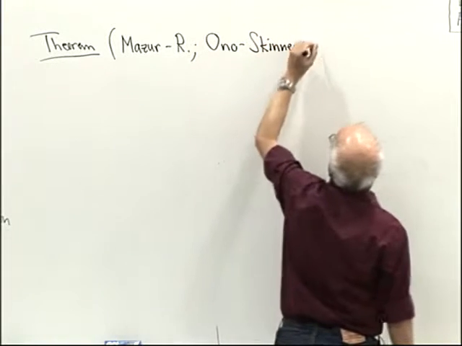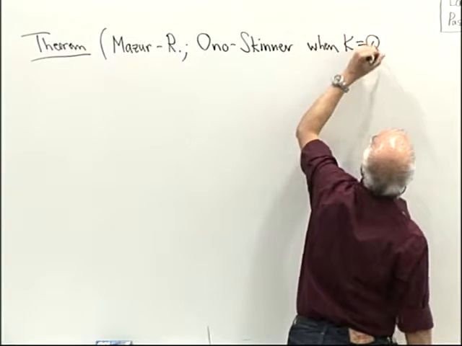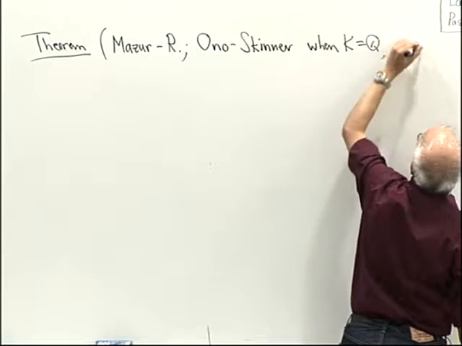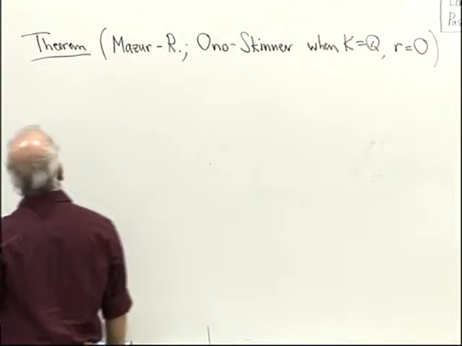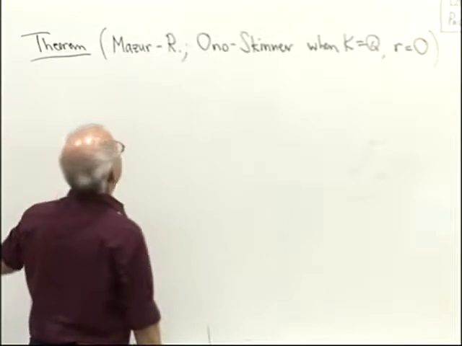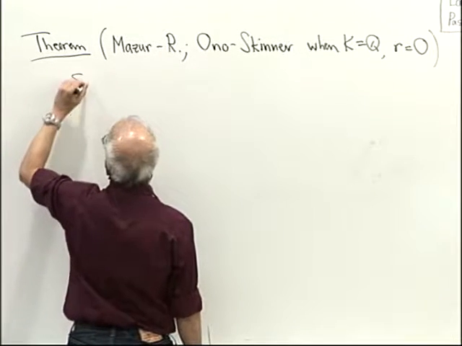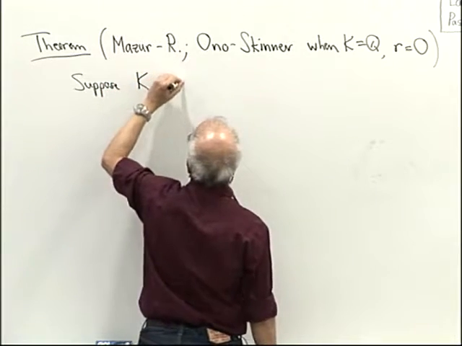So that's when K is Q and r is 0. I'm not going to state the most general theorem just to make life simpler. Let me suppose that K has a real embedding.